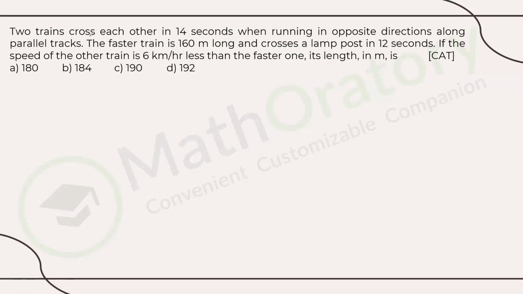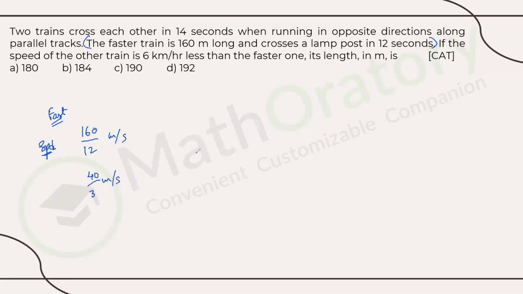First I'll start with this information. For the faster train, we have 160 meters covered in 12 seconds. That should be the speed of the faster train in meters per second. Let me reduce this a bit. We have a 4 cancelling out, so we have 40 by 3 meters per second.